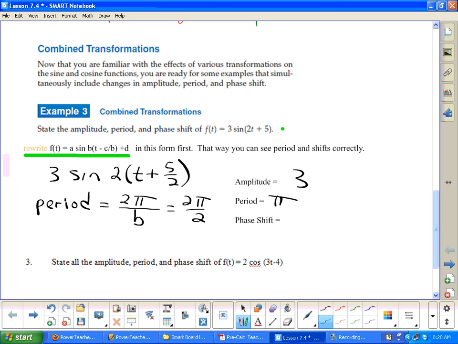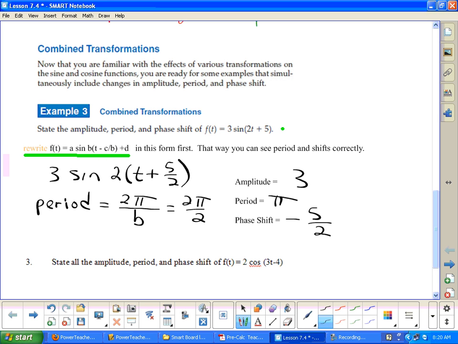And the phase shift is the horizontal shift. So this is going to be shifted 5/2 to the left.